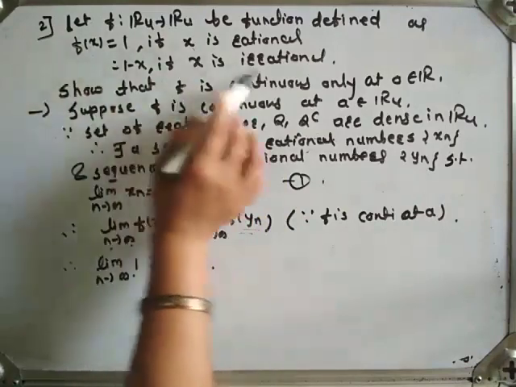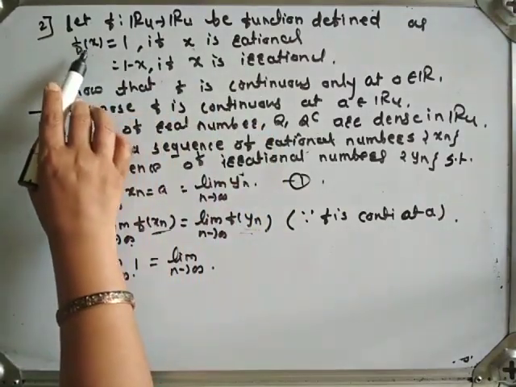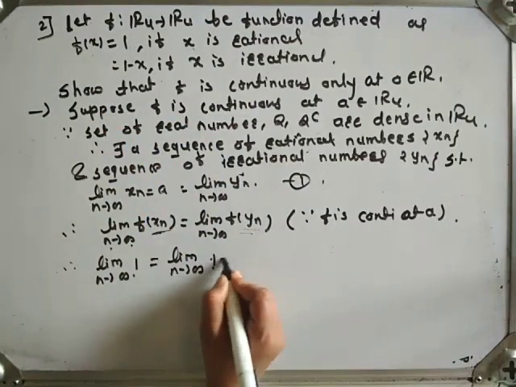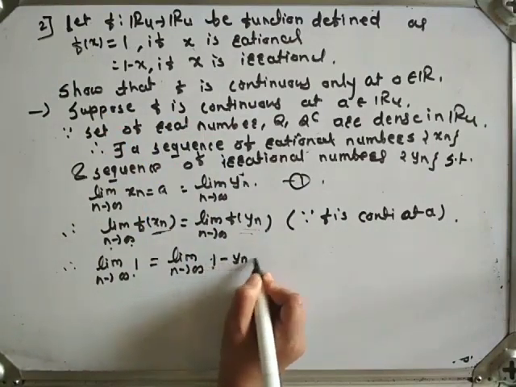When x is irrational, f of x is 1 minus x, so here it is 1 minus yn.